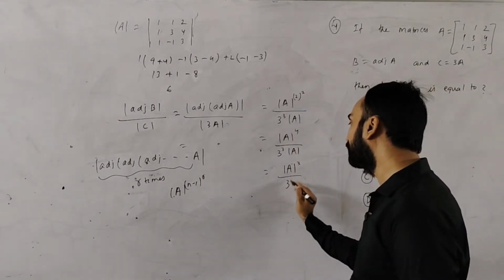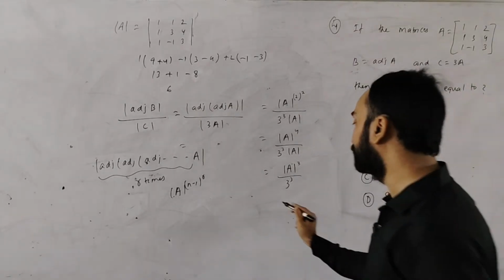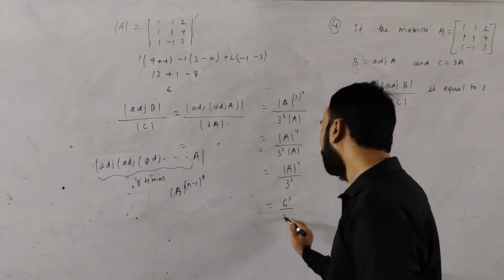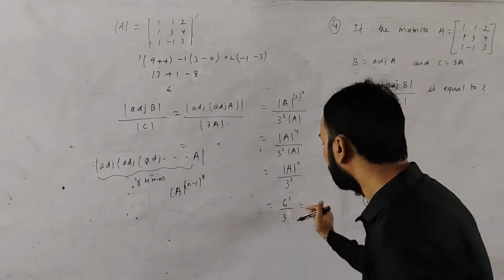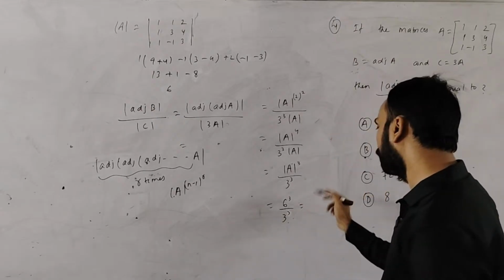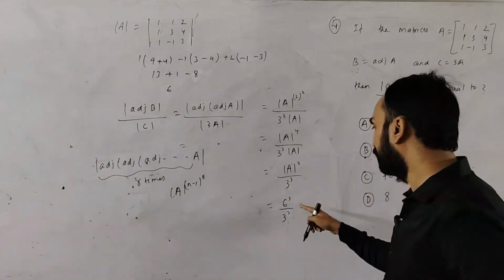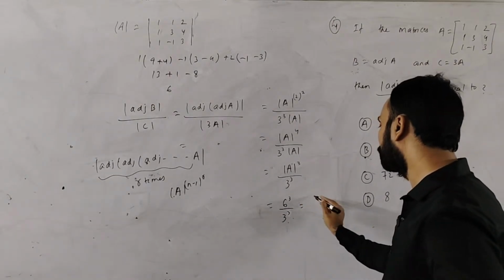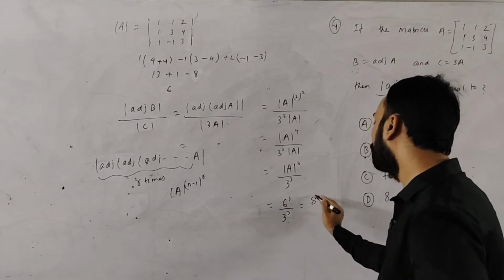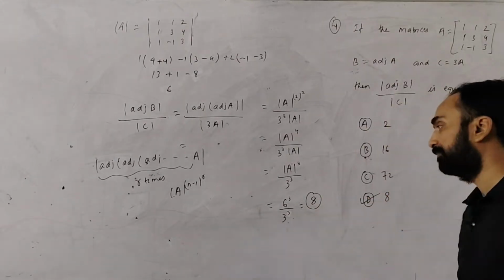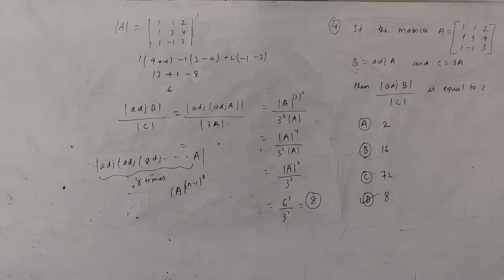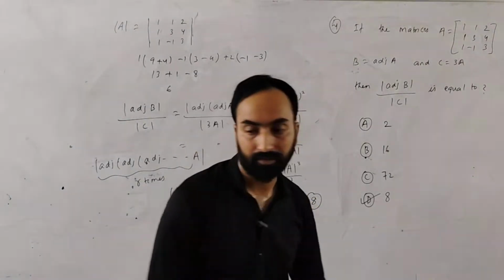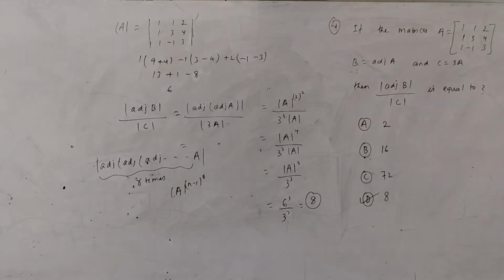It is 6, so 6 cube divided by 3 cube. 6 cube can be written as 2 cube and 3 cube, so the 3 cubes cancel and this comes as 2 cube, which is 8. 8 is the option, so option D is correct.